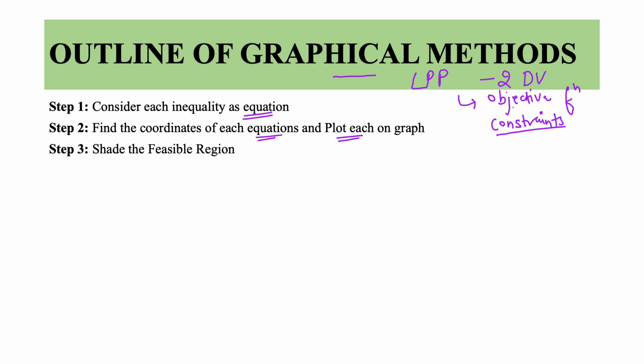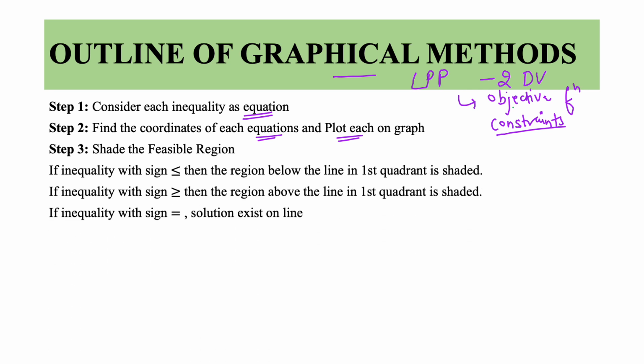Then our third step is to shade the feasible region. So what is the feasible region? Suppose my inequality contains a less than sign. Then on the graph, if I have a line like this, all the region below it will be my feasible region. This is for the less than case.